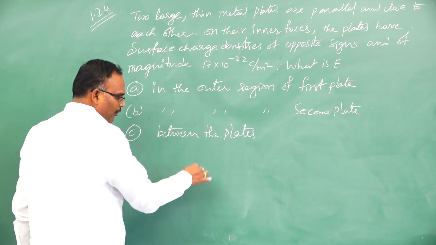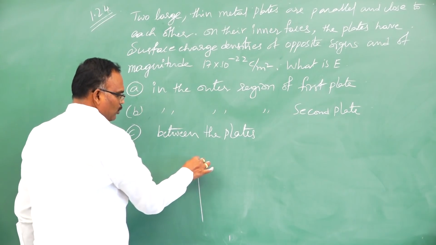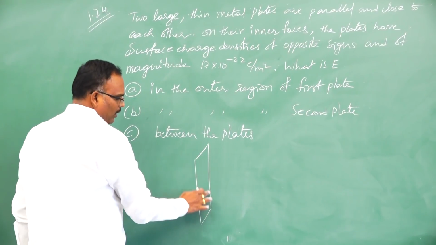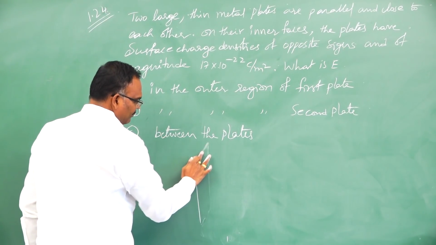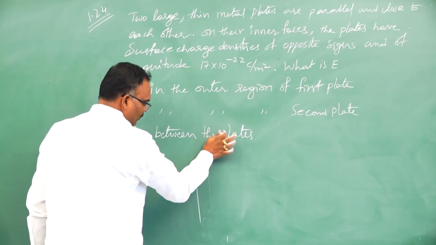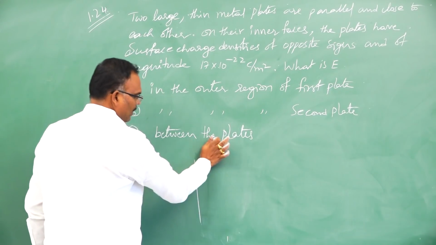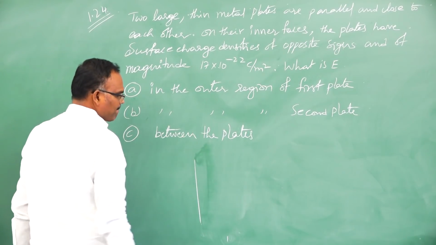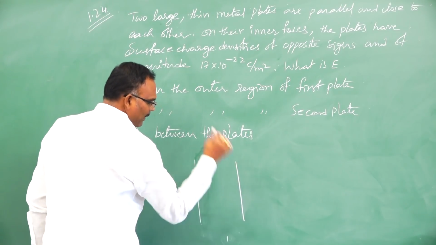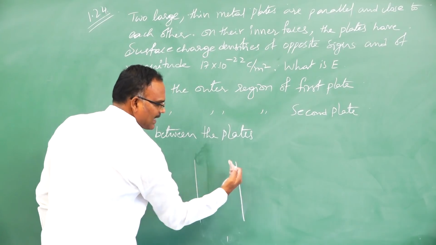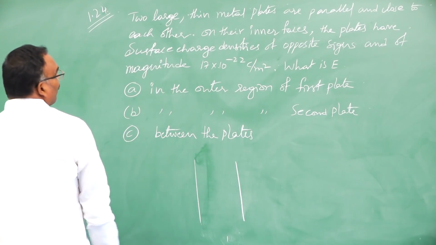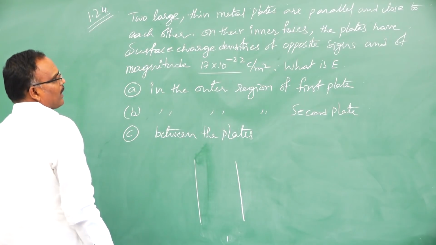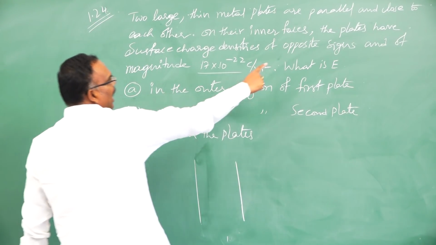See the front view of the plate I have drawn. Usually plate will be like this, but I am not representing this part. This is a plate which is in YZ plane. This is second plate, this is also in YZ plane. But they will have a charge density 17 into 10 to the power of minus 22, but they are opposite sign.